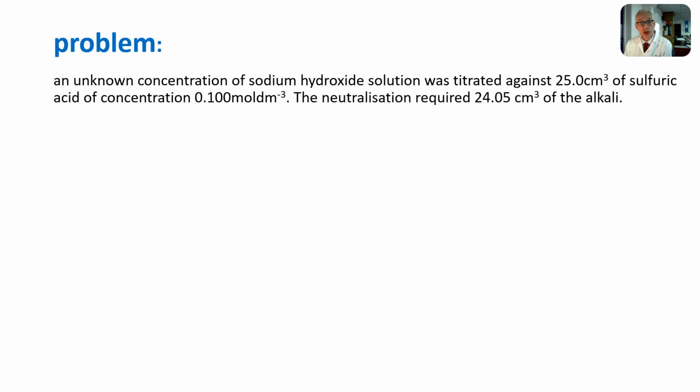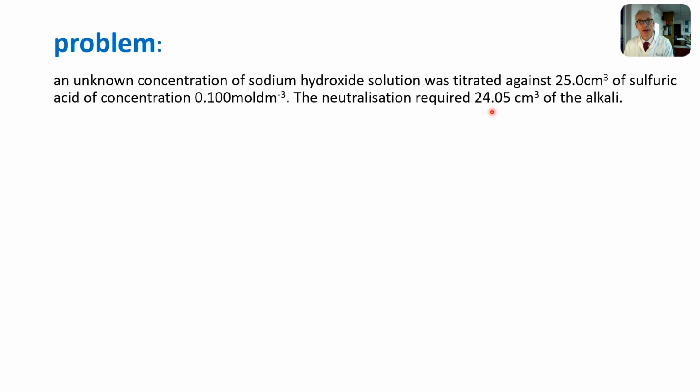So before rushing on, I'd like to give you a problem to solve yourselves and then to come back and check against my answer. So pause the lesson and complete the problem, which is, I'll just talk you through it, an unknown concentration of sodium hydroxide solution titrated against sulfuric acid, 25 centimeters cubed, and of known concentration 0.100 mole per decimeter cubed.